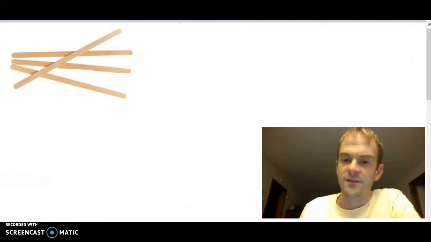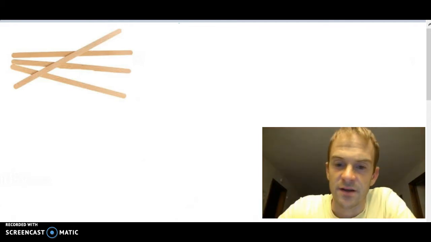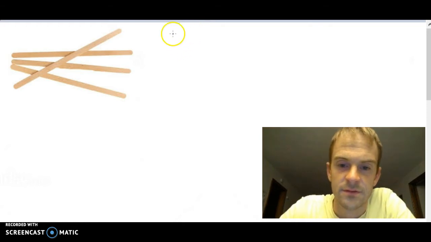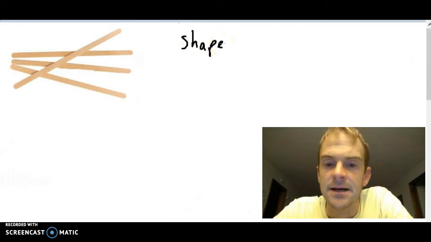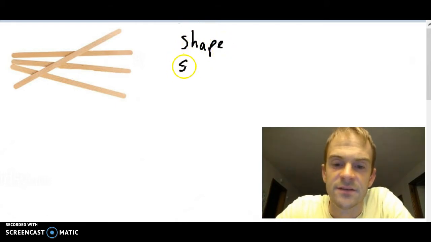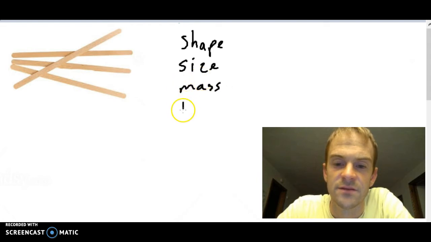Well, maybe one of the first things that comes to your mind is we could talk about its shape. Maybe we could also talk about its size, which is similar. Maybe its mass. Maybe even being more specific than shape or size, we could say length.